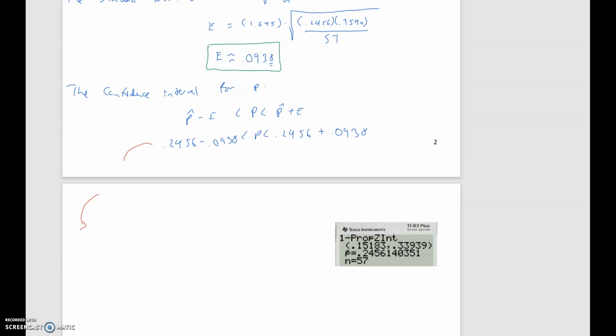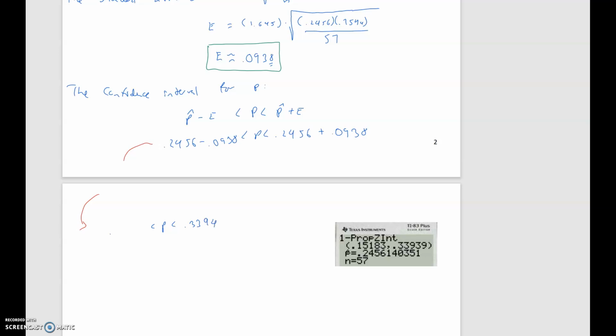I already have the code there, but we'll talk about that in a minute. So our P is bounded by the following. The upper bound is 0.3394.